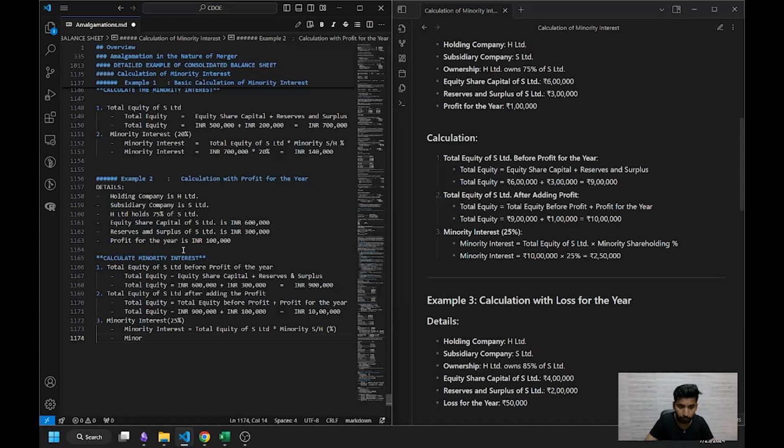Minority interest equals INR 10 lakhs multiplied by the 25%, that is equal to INR 2 lakh 50,000.